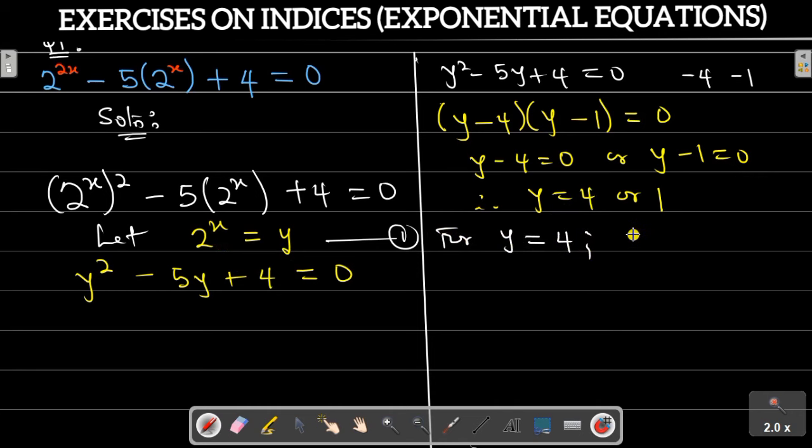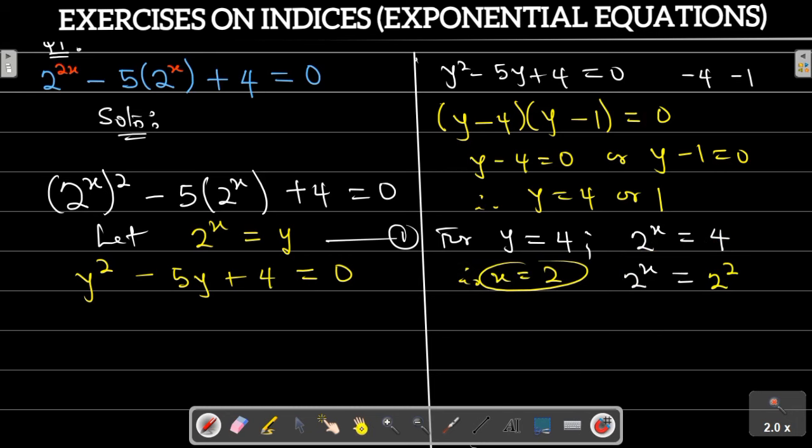So what it means is that 2 raised to power x is equal to y here, so it will be equal to 4. And so you have 2 raised to power of x. So in this case now, we will apply the rules of indices, make this to be an index form where the base will be 2. And so that's going to be 2 raised to power 2. And since the bases are equal, therefore our x here is equal to 2.